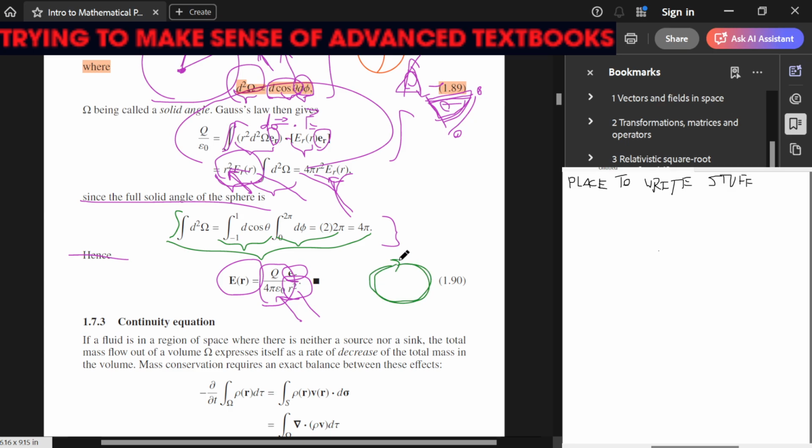Then 1 to minus 1. Why is it 1 to minus 1? I know the upper and lower bounds of cos theta are 1 and minus 1. 1 minus 1 is 0.